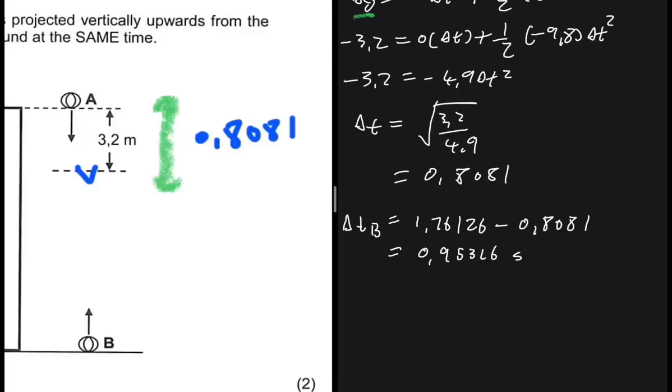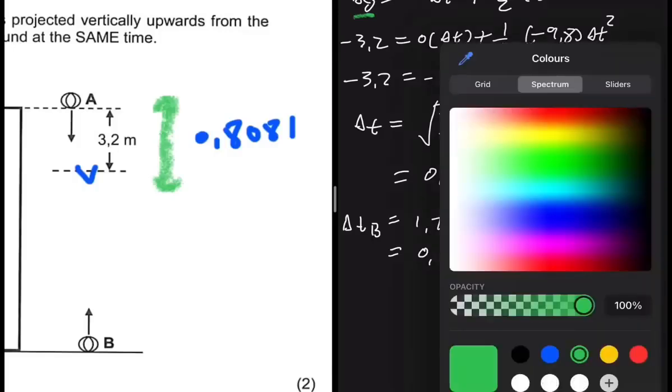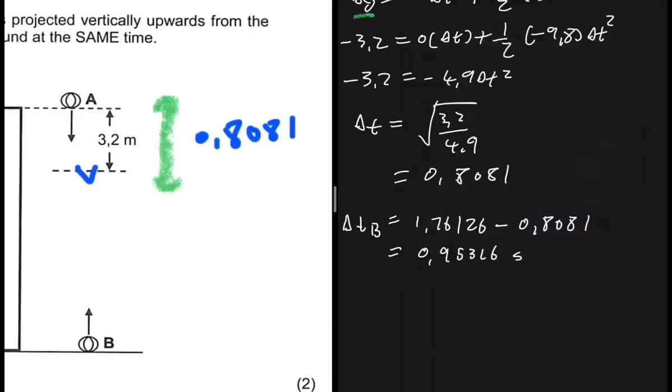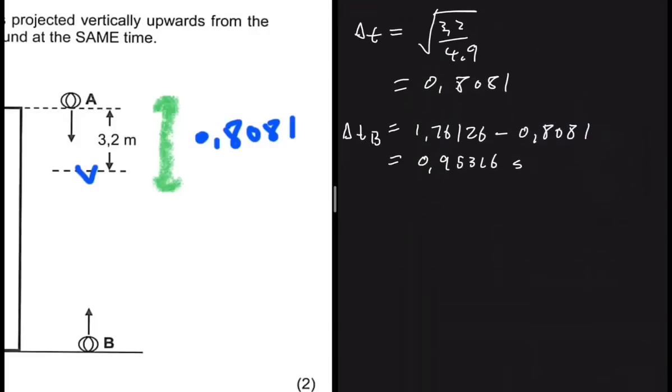Let's revisit the information we have for ball B and see if we can manage to find that VI. We have the time for the total motion, and VI is still our unknown. We have the acceleration, which is minus 9.8 meters per second squared.